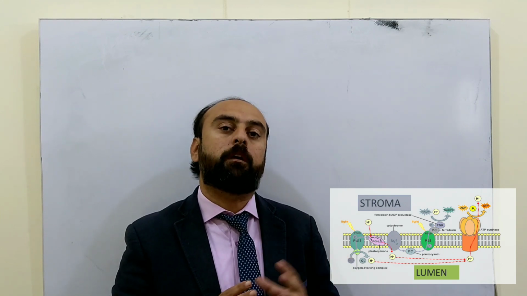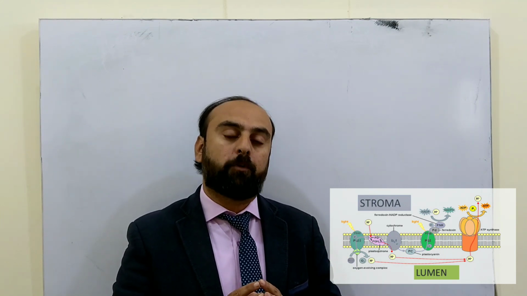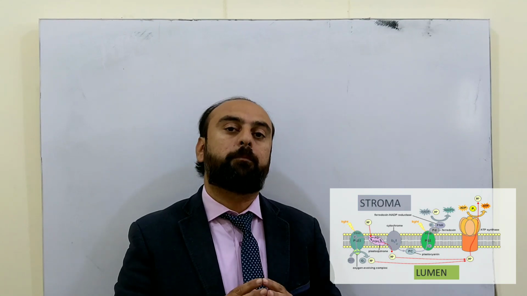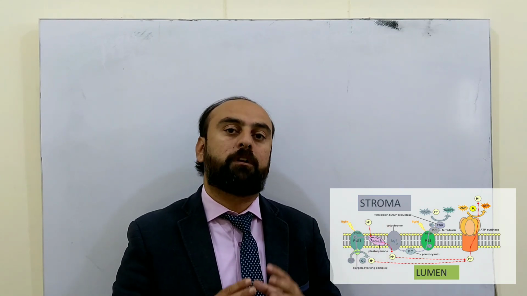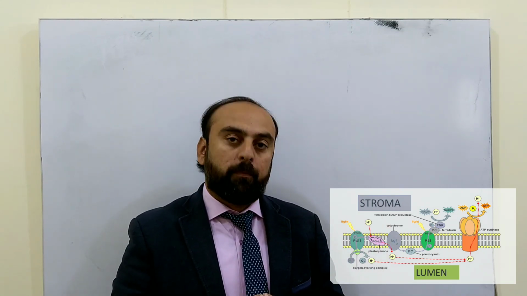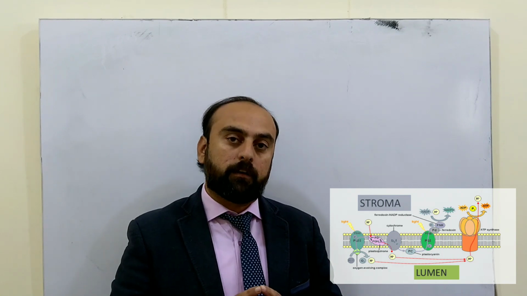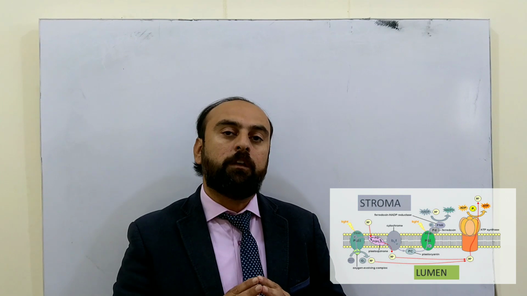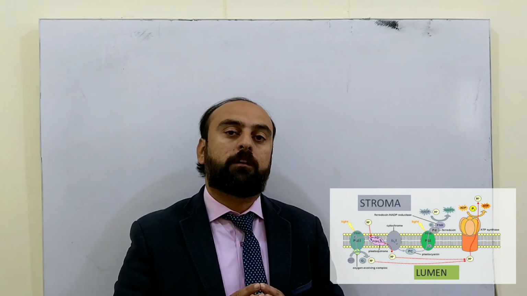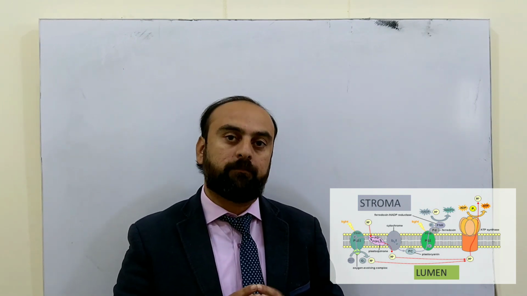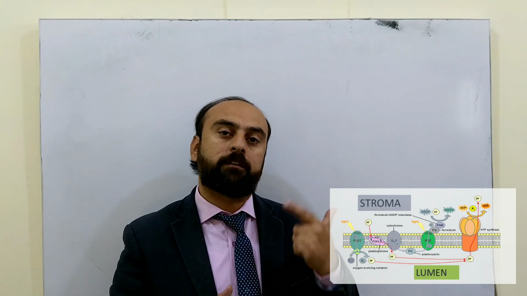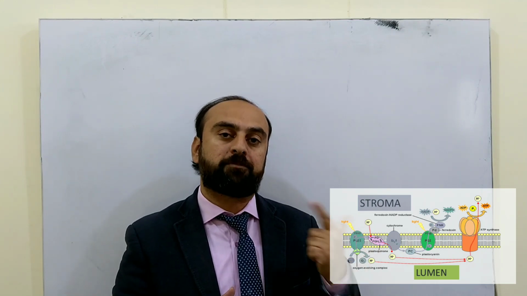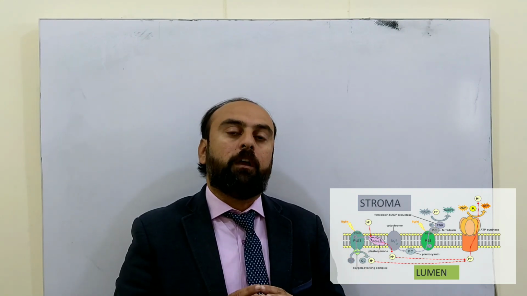At the same time, it pumps protons from the stroma into the lumen. The lumen is the space of the thylakoids. So within the lumen now there are two sources of protons. One is the oxidation of water, and second, the protons pumped from the stroma into the lumen.